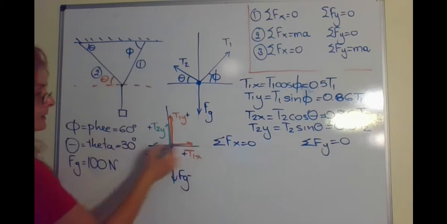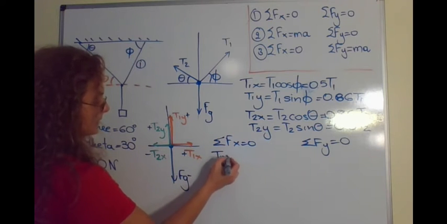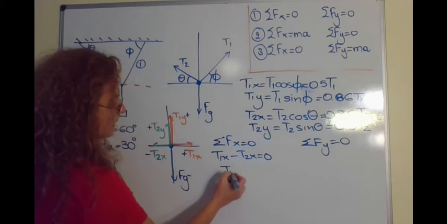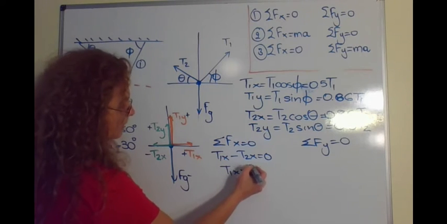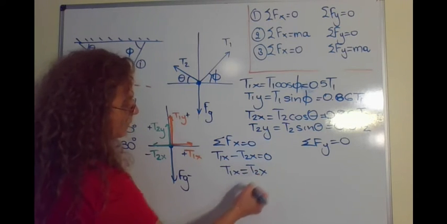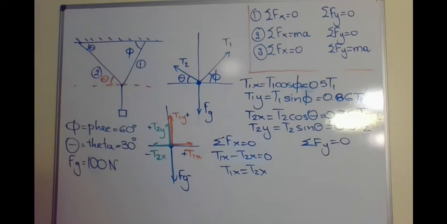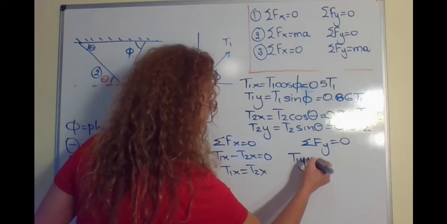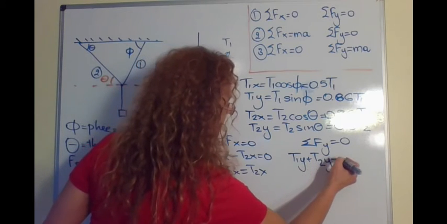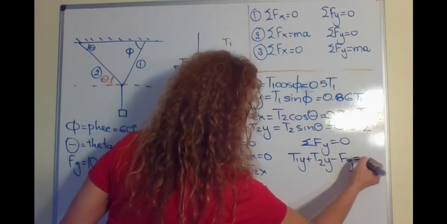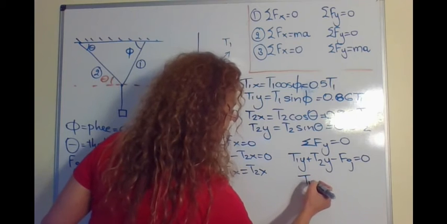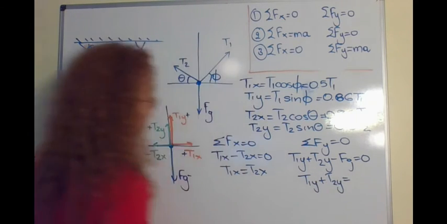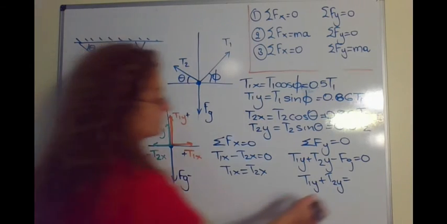So on the x-axis, I have that T1x minus T2x equals 0. That means that the two horizontal components should be equal to cancel each other. On the y-axis, we have T1y plus T2y minus Fg equals 0, meaning that T1y plus T2y equals the force due to gravity, which is 100.